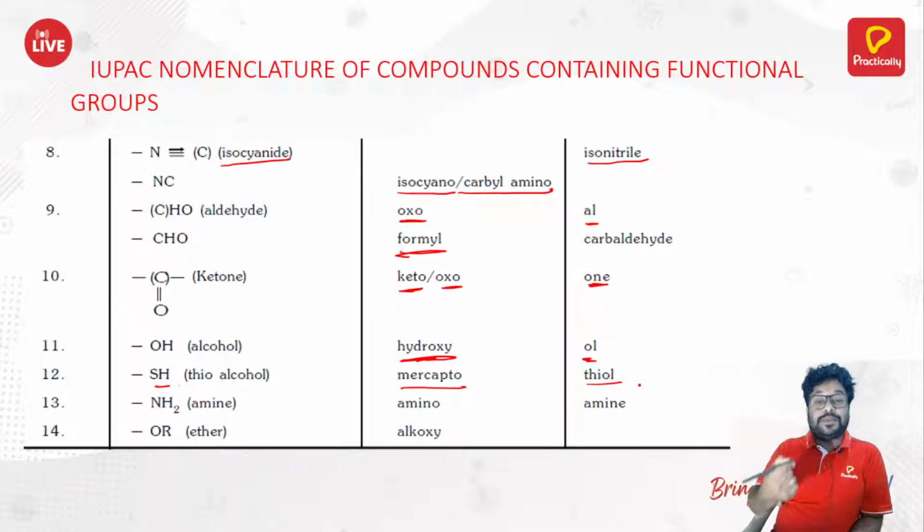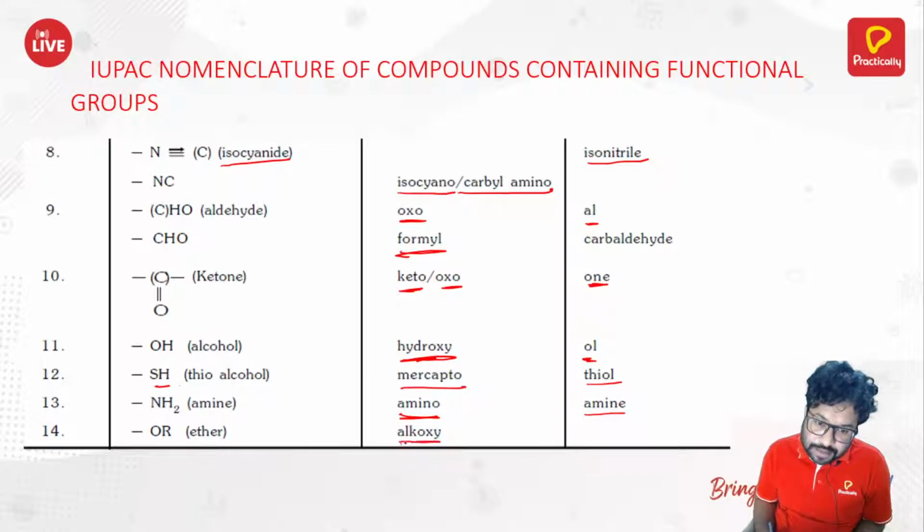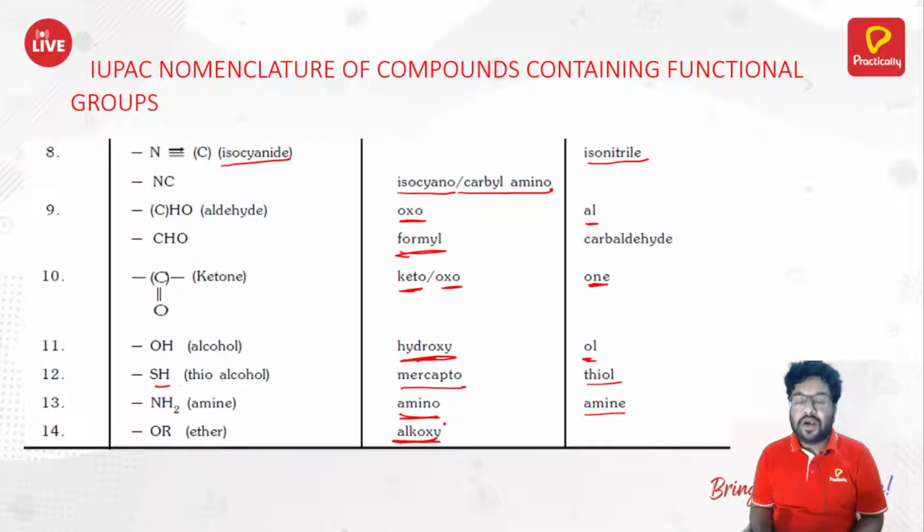But if it's a substituent, it will be mercapto. Similarly, NH2. If NH2 is a main functional group, you will call it amine, alkanamine, ethanamine, like that. If it's a substituent, it will be called amino. And lastly, ether. Ether is always a substituent, so it is always named as alkoxy only.